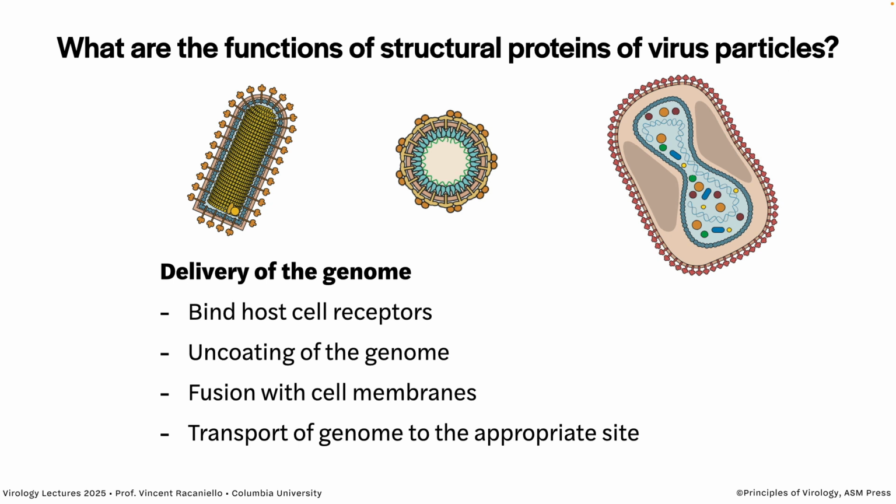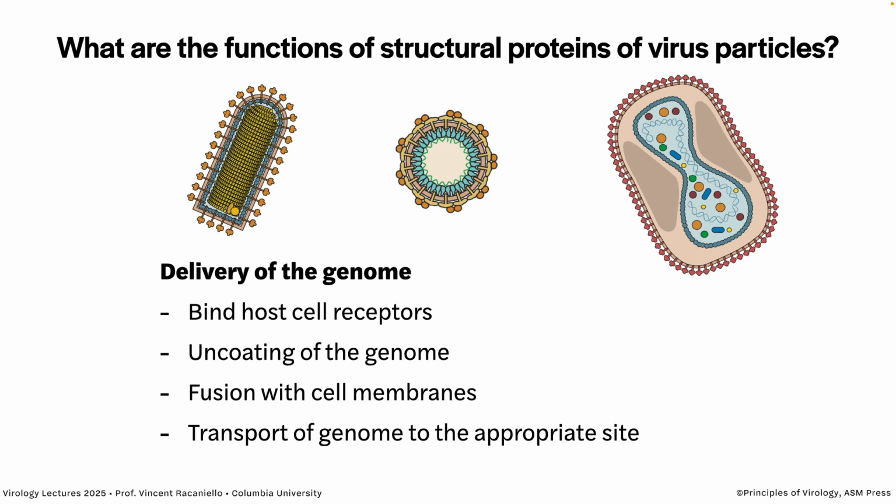Furthermore, they play a big role in getting the genome into the right place. The particles have to bind to receptors, a process we'll talk about in some detail on Wednesday. Then that binding typically leads to uncoating of the genome. Uncoating means removal of the outer cover so that the nucleic acid is there in the cytosol or the nucleus, wherever it needs to go.